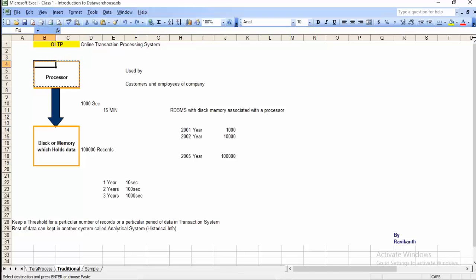The second solution is to keep a threshold for your stored data. Keep a threshold for a particular number of records or for a particular period of the data. What does it mean?